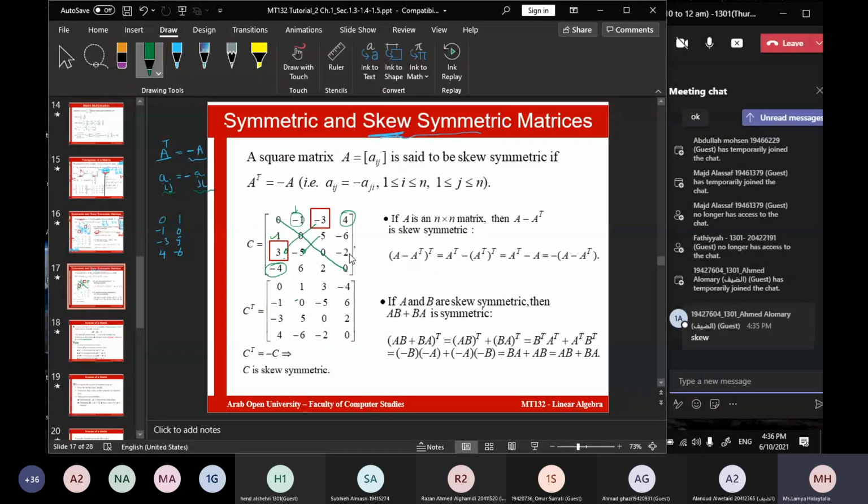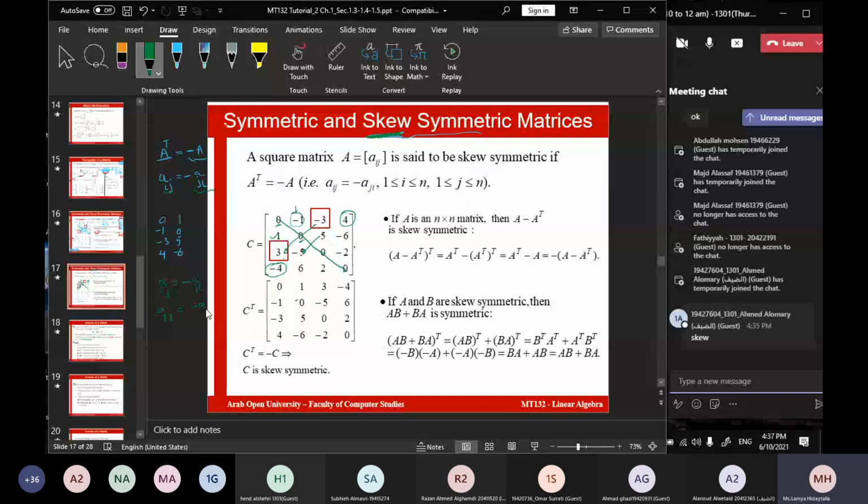Okay, if this happened, then the matrix is what? It is skew symmetric. So what about the diagonal? Diagonals, in the case of skew symmetric, should all be zeros. Why? Because I have A_ij should equal to minus A_ji. That means A22 should equal to minus A22.